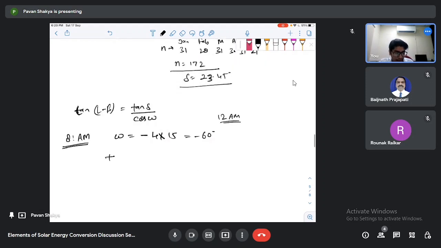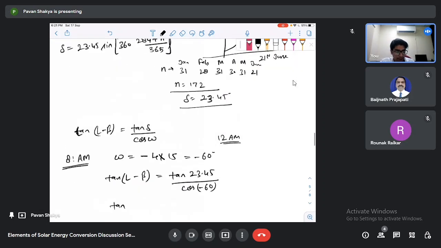Now using the formula we can put the values that we have calculated, like for delta that is 23.45, divided by the cos of minus 60. After that, this L is also given in the problem, that is 44 degree.